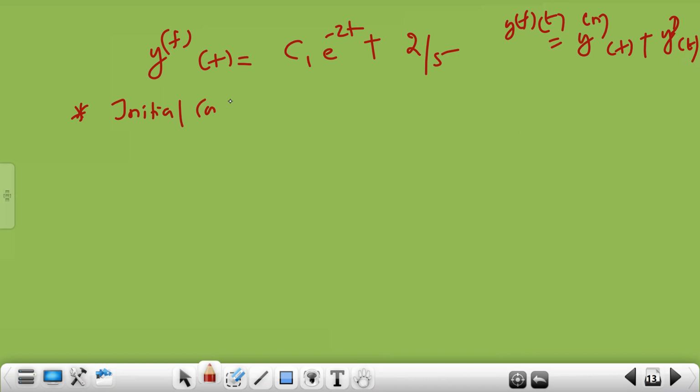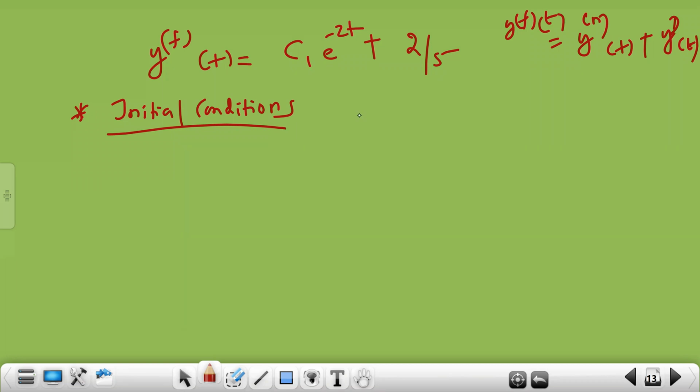Now check your question if there is any initial condition. Check your question if there are any initial conditions given. Do you have any initial condition, like y of 0 equal to something? No, sir. So if there are no initial conditions given in the question, you have to assume 0 as the initial condition.